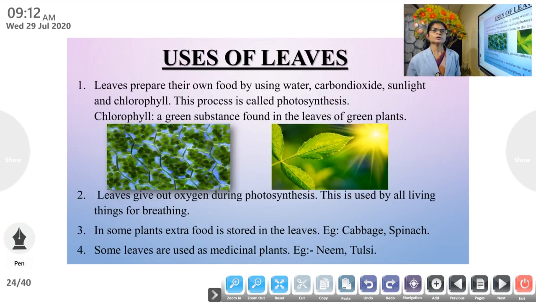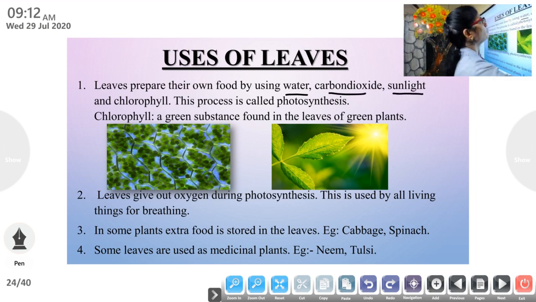Then we know that there are so many uses of leaves. Some of the leaves are used as food, isn't it? Leaves prepare their own food using water, carbon dioxide, sunlight, and chlorophyll.